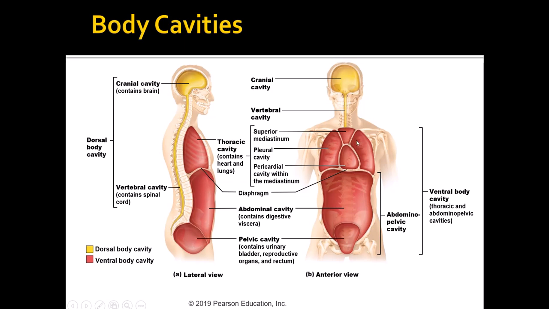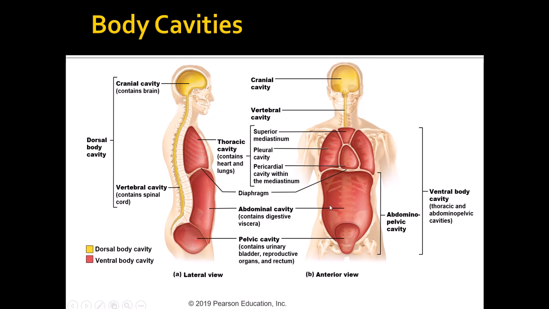The ventral body cavity is broken into the thoracic cavity and the abdominopelvic cavity. The thoracic cavity is then further subdivided into two pleural cavities that contain your lungs, a pericardial cavity that contains your heart, and then what's known as the mediastinum, which is kind of that middle portion of the thoracic cavity.